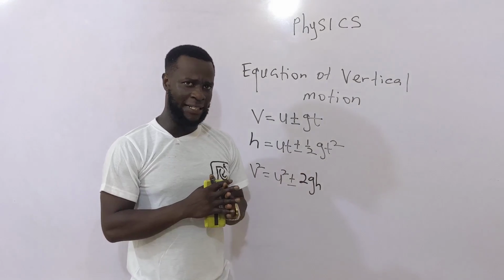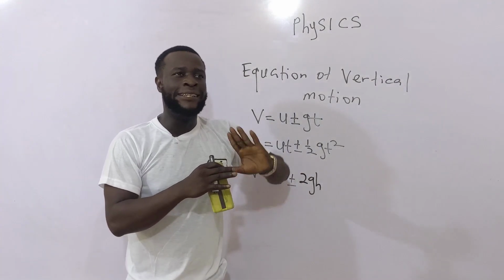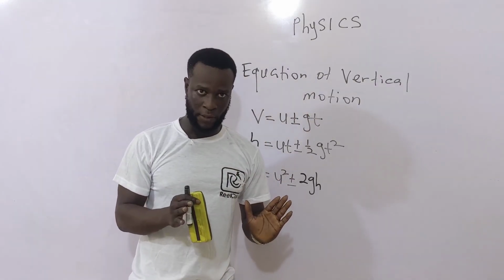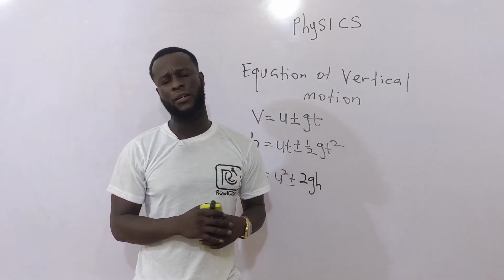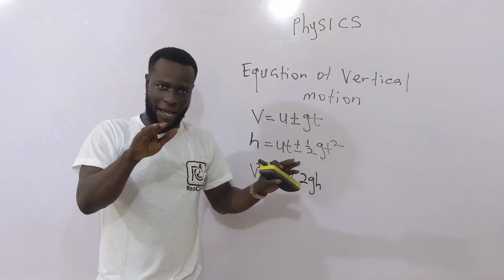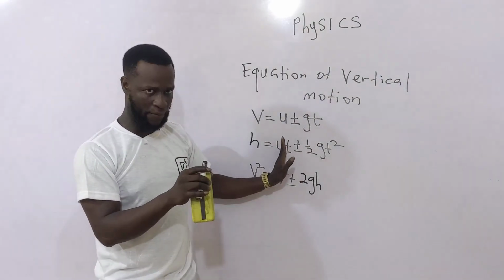Now, I want you to understand that in all of this motion, we are considering that this whole thing is happening in the absence of air resistance. That's why they always say neglecting air resistance. And I should add this: all objects, irrespective of their masses, will fall from the same height in the same time. If you check the equations of motion, mass is not there.